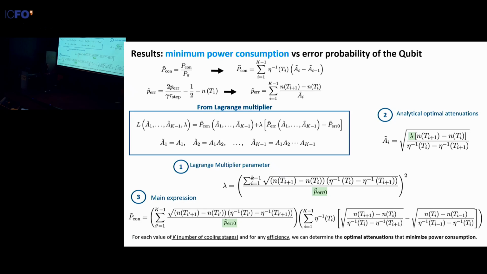And you can see that it depends on the constraint highlighted in green. And we get the optimal cumulative attenuations that depend on this Lagrange multiplier, and so on the constraints on the error probability. And finally, we get an analytical expression that minimizes the electrical power consumption at each required error probability for any system with any set of temperatures and with any number of stages, and also with any efficiency.